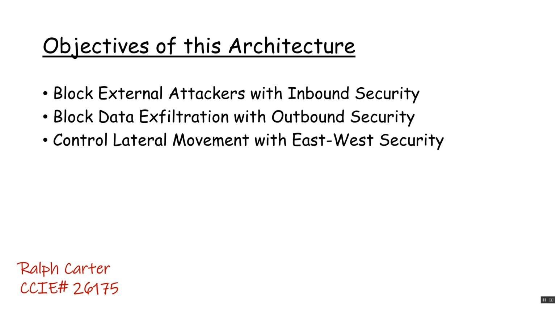And the last use case here is for east to west security. This is controlling lateral movement, and specifically in the current design that I'm putting together, this is for inter-VPC communication. For example, maybe you have a production VPC and a development VPC, and you have developers connecting to your development VPC, but you want to make sure that they don't just have full reign and be able to connect to the production VPC.